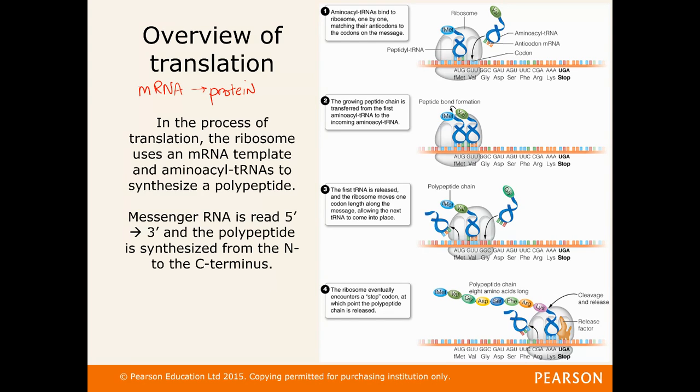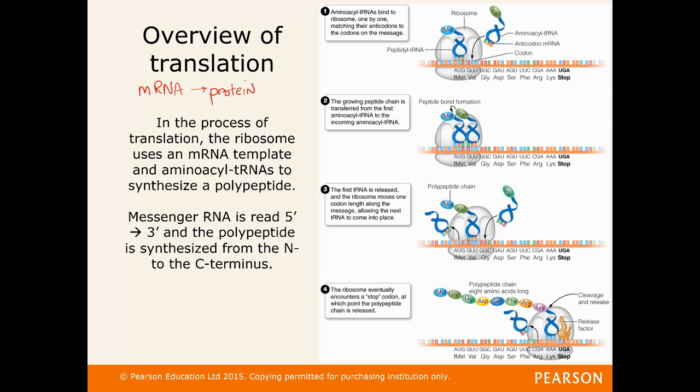And the tRNA is involved as well, because I think of the tRNA as the bridge between the amino acid and the messenger RNA. So the messenger RNA is read 5' to 3', and the polypeptide that's formed from it is synthesized from the N terminus to the C terminus.